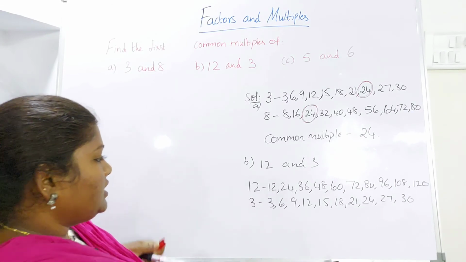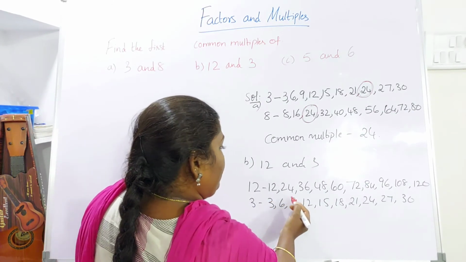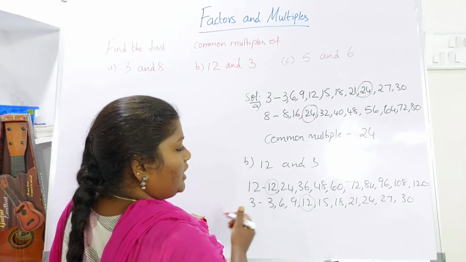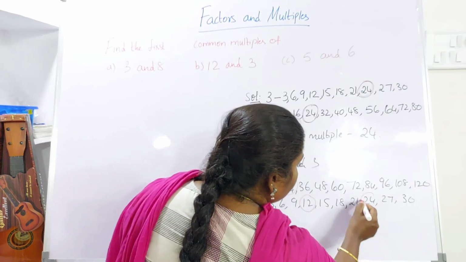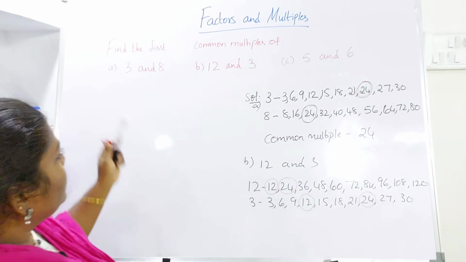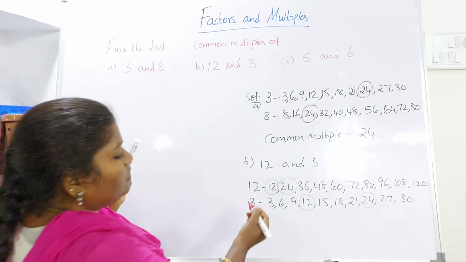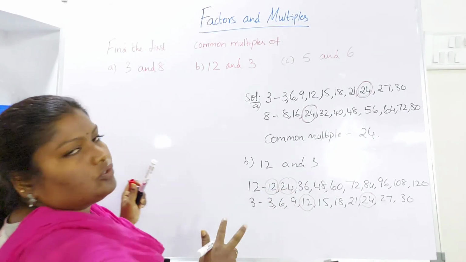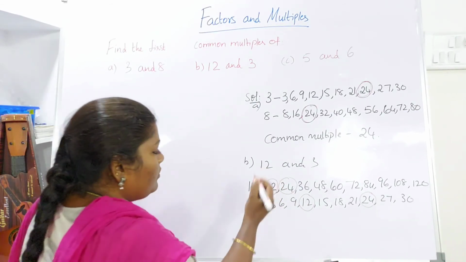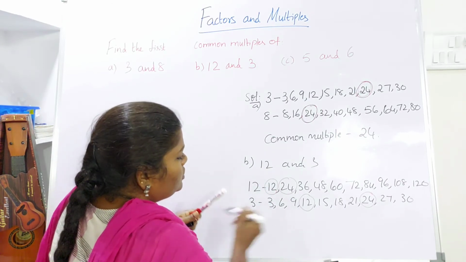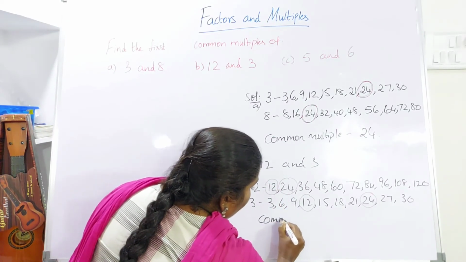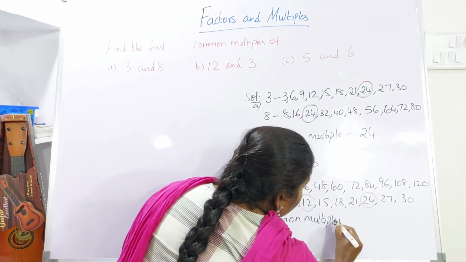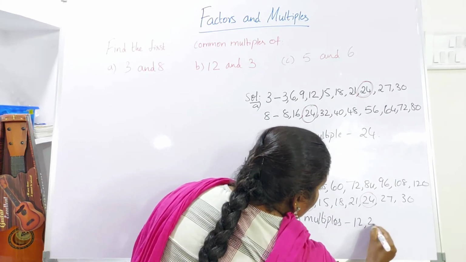Now here you can see that 12 is a common multiple. Yes, and you even have 24 common. But here they asked you only one common multiple. You can write either 12 or 24 depending on the question. If they ask you two common multiples, you can say both, but here they asked only one. So common multiples, here you have 2, that is 12 and 24.